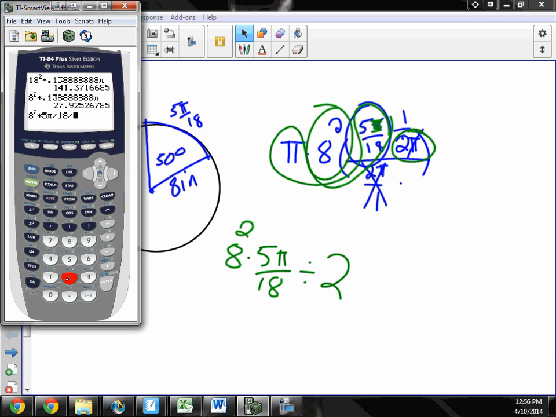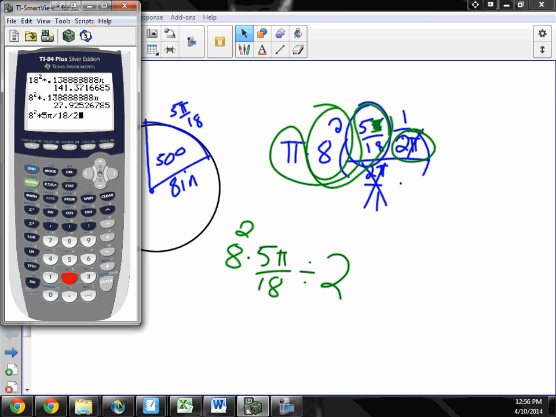Now, what is the unit going to be in this? Inches squared, square inches. It makes no sense to leave the pi in a square inches problem. When you're doing arc length, you have a pi answer and a non-pi answer, because pi is a distance around the circle.